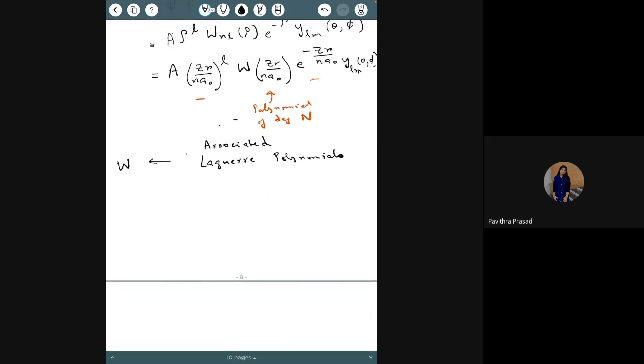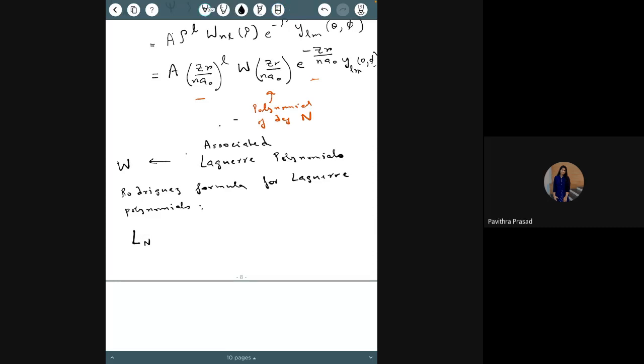So this is just the Rodriguez formula again for Laguerre polynomials. There are two numbers that every associated Laguerre polynomial is concerned with.